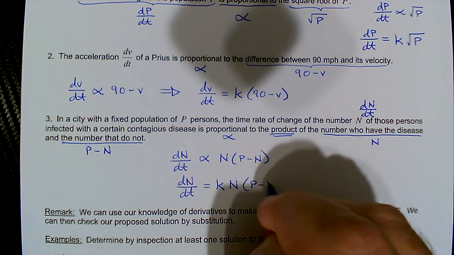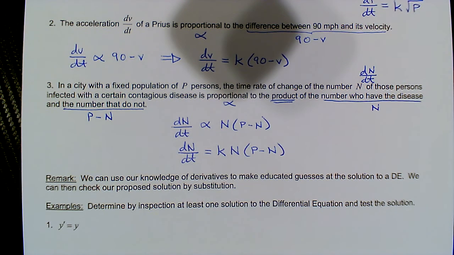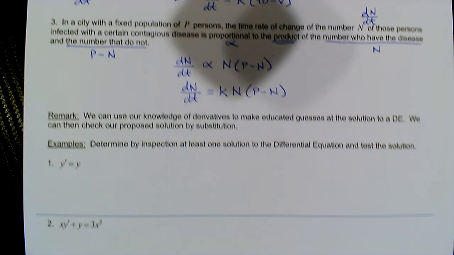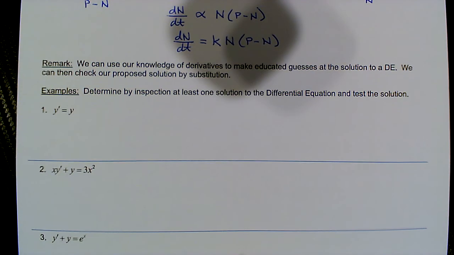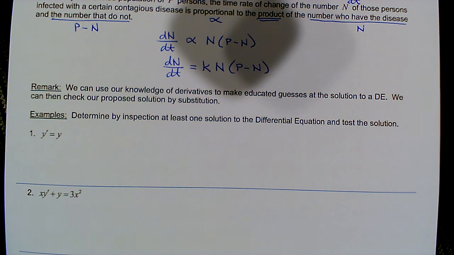Okay, and the final concept in this section is just to kind of get us used to the concept of solving a differential equation. We typically will have methods. We're not going to just be guessing, but here we're going to use our knowledge of derivatives to make some educated guesses and check to see if we're correct. So we want to find a solution.